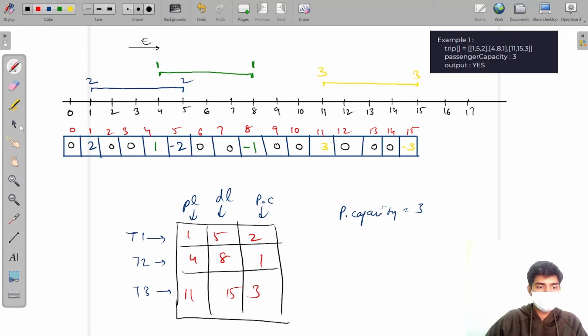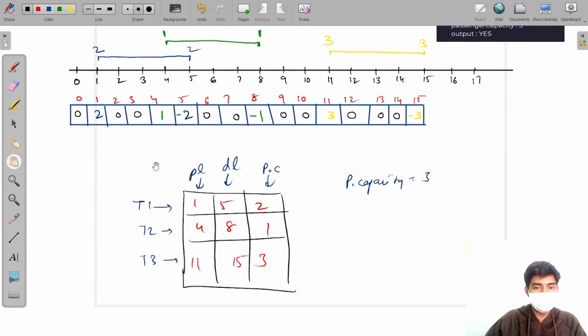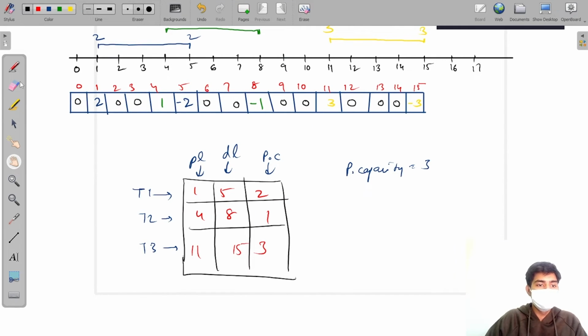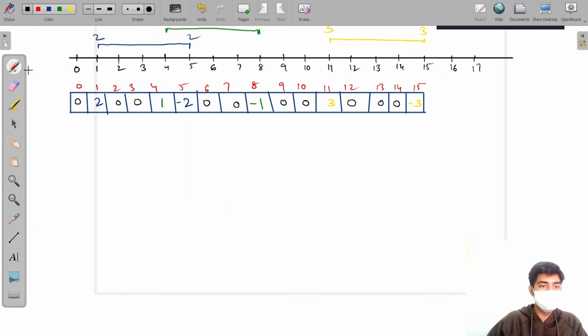So now after I have this array, my next step is going to be that I'm going to take the prefix sum. Now, what is prefix sum? Let's remove this. The prefix sum will be, I'll add every number on this array, and the prefix sum will be the sum of my current value and the previous value. So let's make an array again.